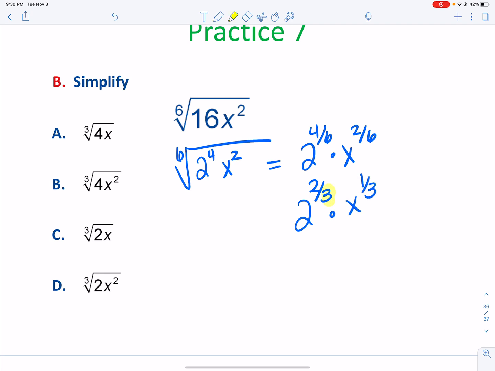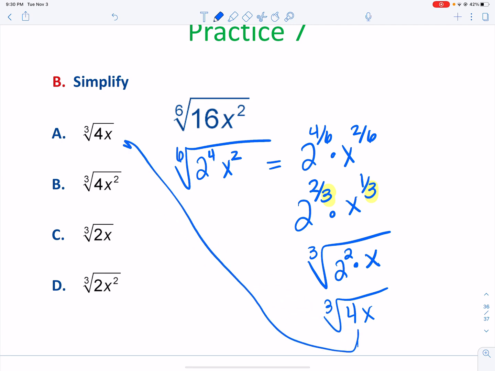Since my denominator is 3, I would have the cube root of 2 squared times x. Well, isn't 2 squared just 4? So this would be the cube root of 4x, which is right there. So that is my answer on this question.